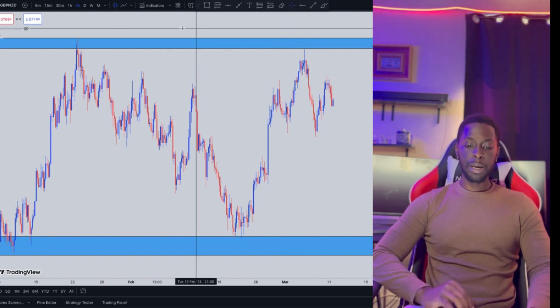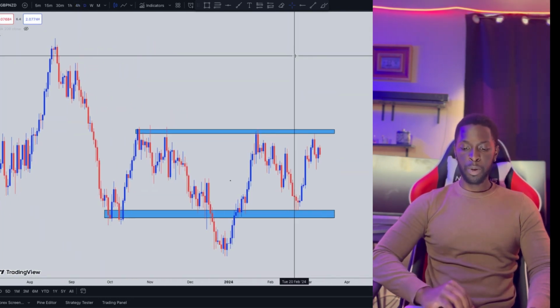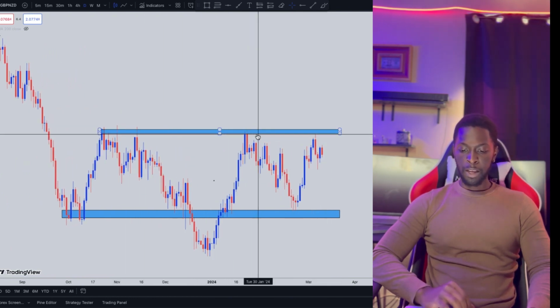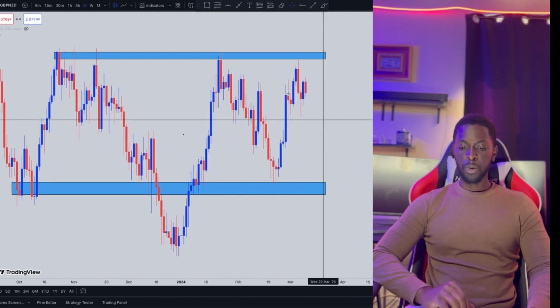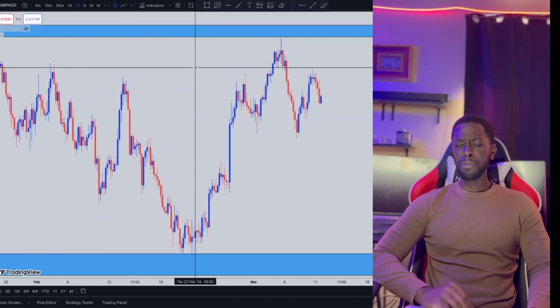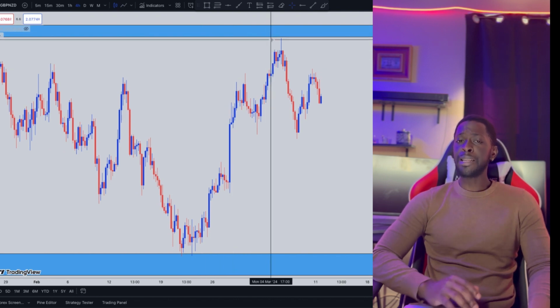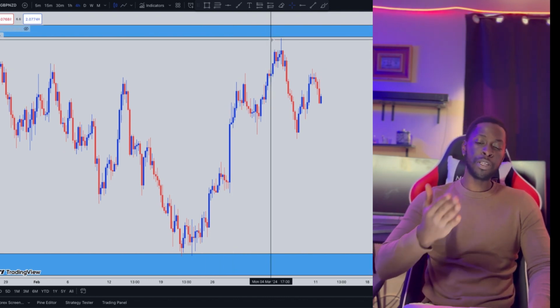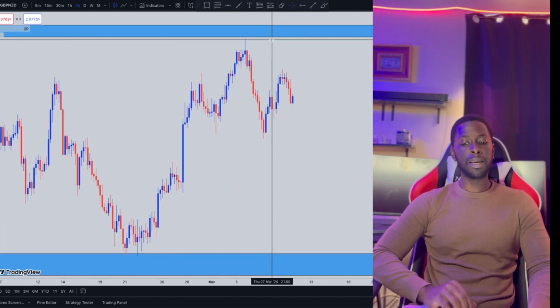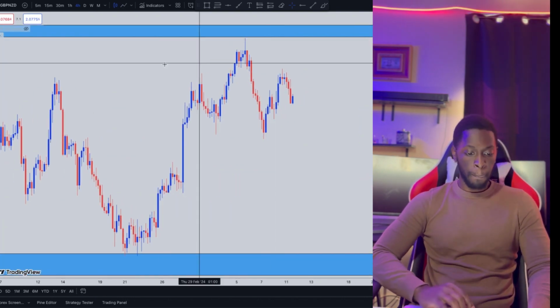So for this example, daily time frame, we have this zone that we drew in part 1, and it's rejecting. So I'm imagining price to come here, and I'm going to look for a rejection. Not saying that it's going to reject every time, but if it rejected multiple times in the past, it just might as well do it again.